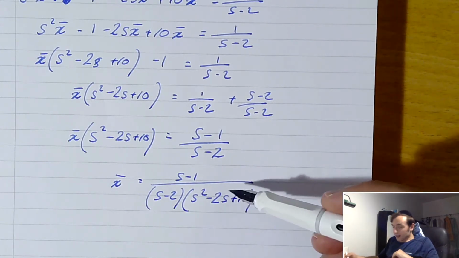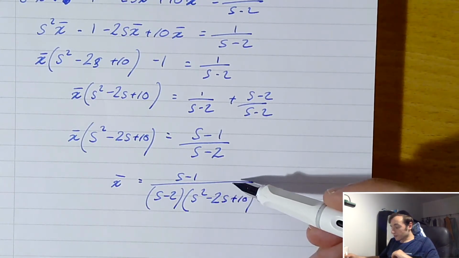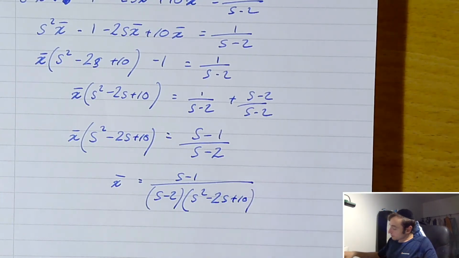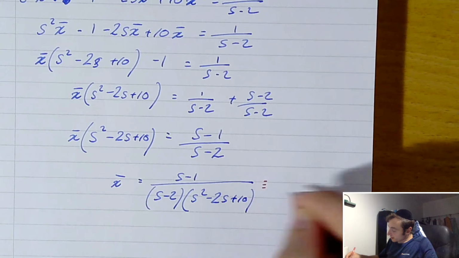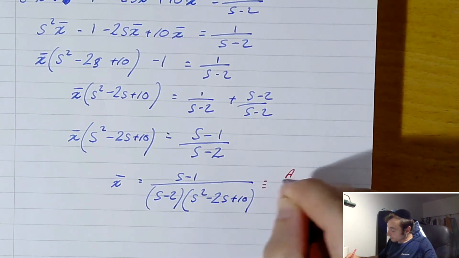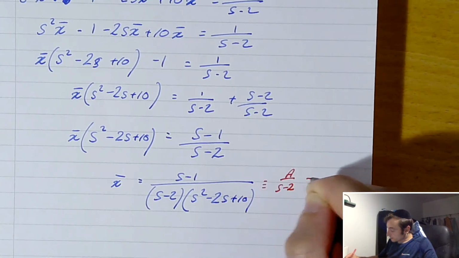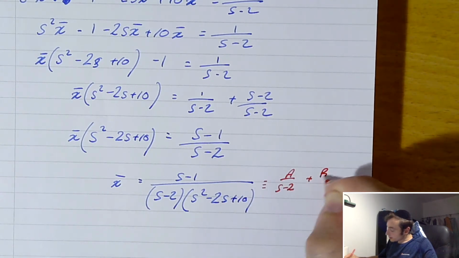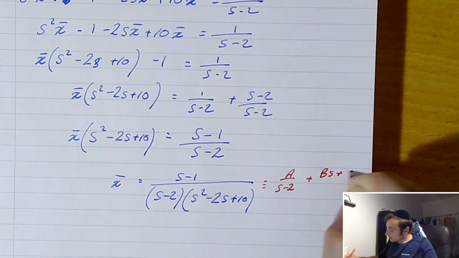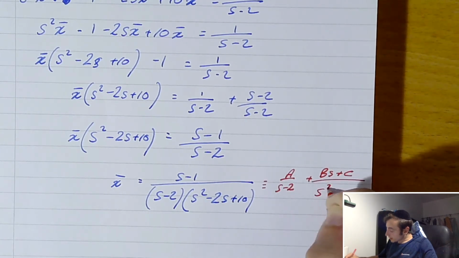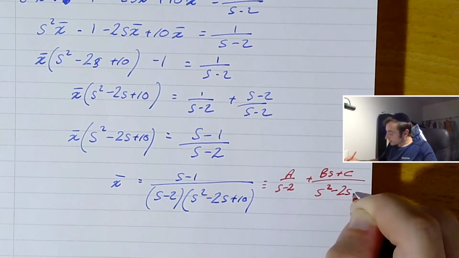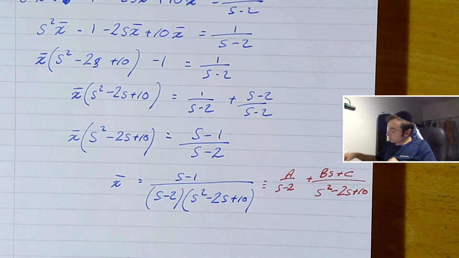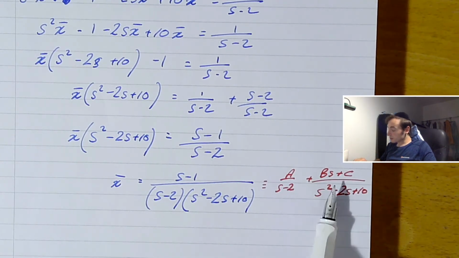Now, our goal is to put this into partial fractions. That's going to be identical to A on s minus 2 plus, remember this is a non-reducible quadratic factor now, Bs plus C on s squared minus 2s plus 10. Now we're just going to find what those coefficients are.